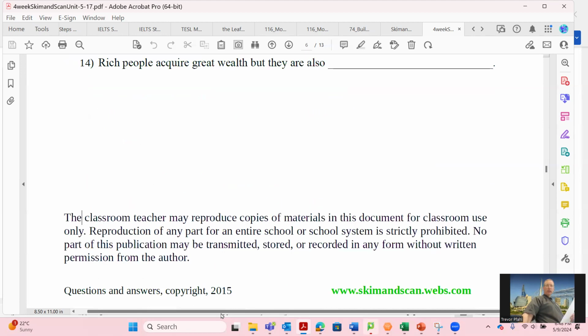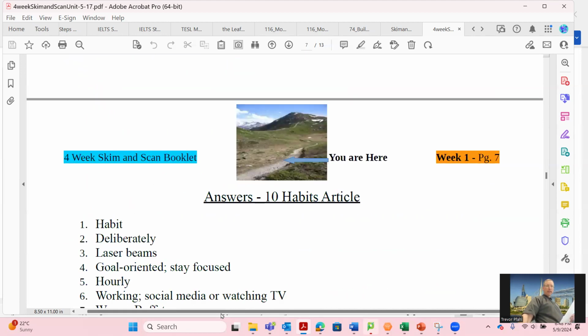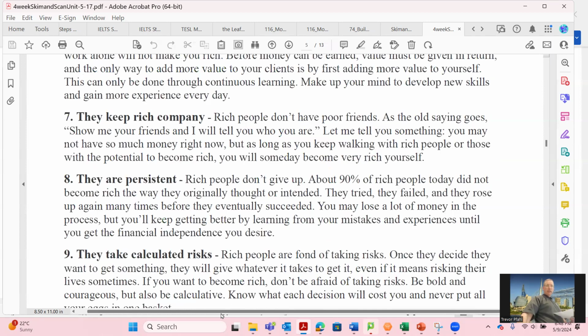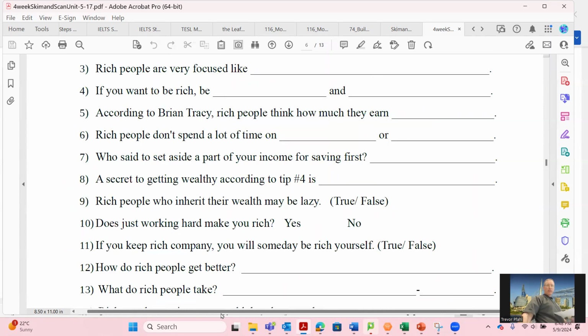So hourly is the answer for that. I'm going to come back to that, remind me to comment on that after. So they think how much they can earn hourly.